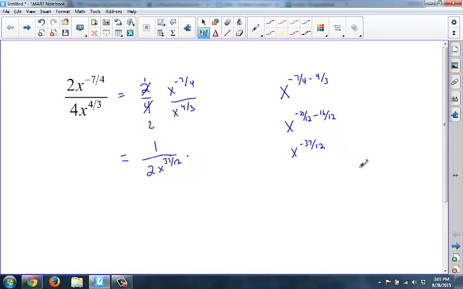This is very similar to if I had something like 1 over the cube root of x to the 4th. Can't have a radical in the bottom. So what I need to do is do something to get rid of that cube root in the bottom. The way that we do that is we make a perfect cube on the bottom. So I multiply the top and the bottom by the cube root of x squared.